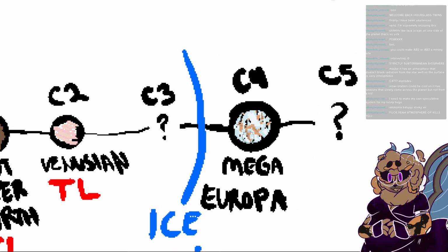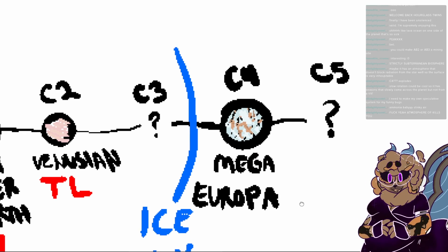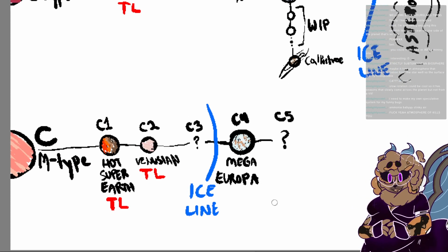Okay. C3 and C5. Does anyone have any ideas for C3 and C5, because I'm a little bit lost on what to do about it. Let me think for a second. Let me drink some water.